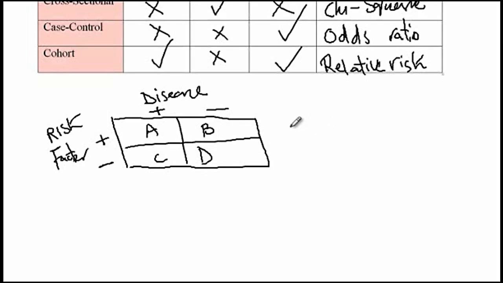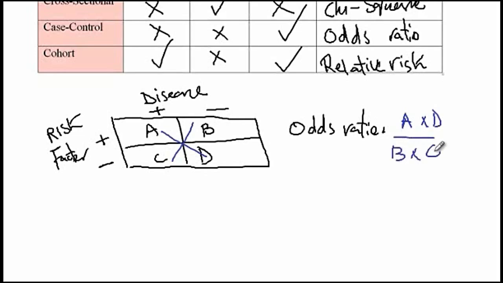The first one we would like to measure is the odds ratio, and it's quite simple. The way I remember it, it's like a cross. So it equals A times D divided by B times C, and that would give you the odds ratio. The next value is the relative risk.